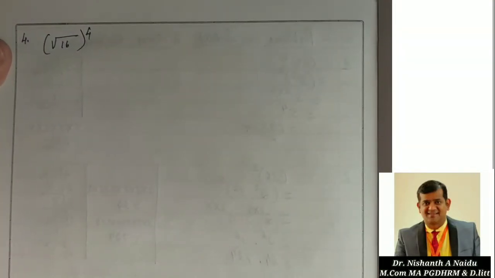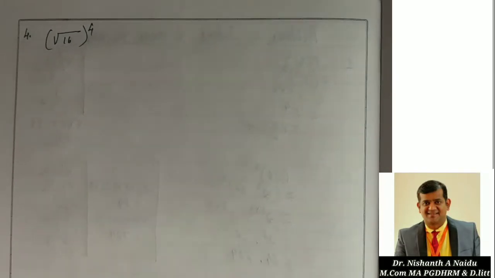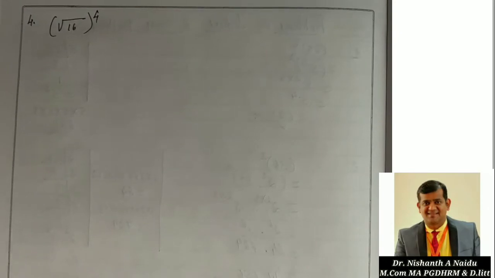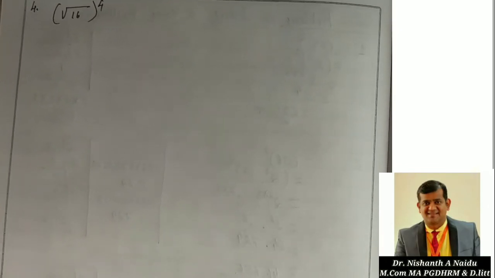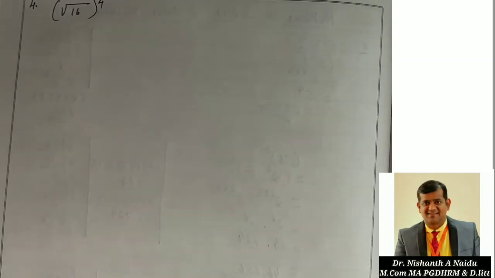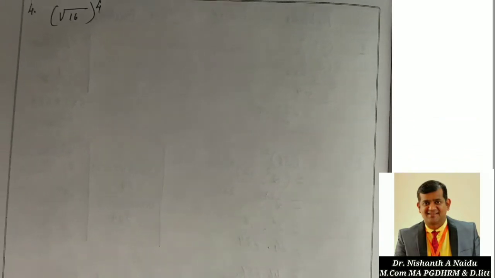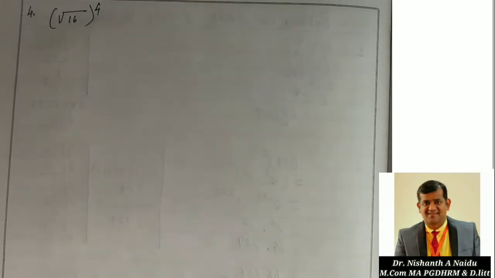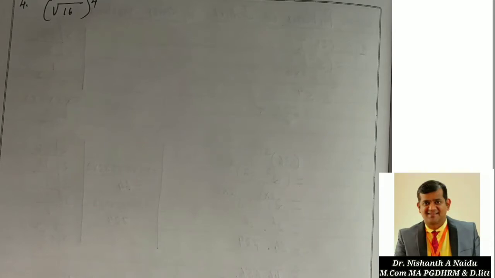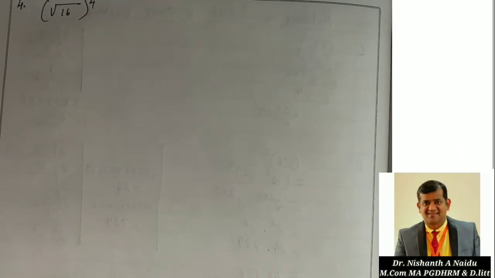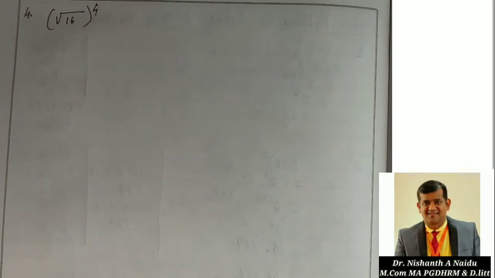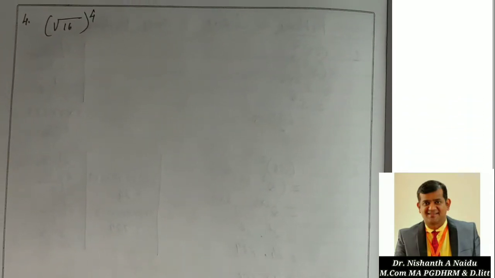So again you have to check which law has to be applied here. Which law are we supposed to apply whenever the root comes? Law number 8. I have already covered the 8th law in the previous video, so check the previous video.